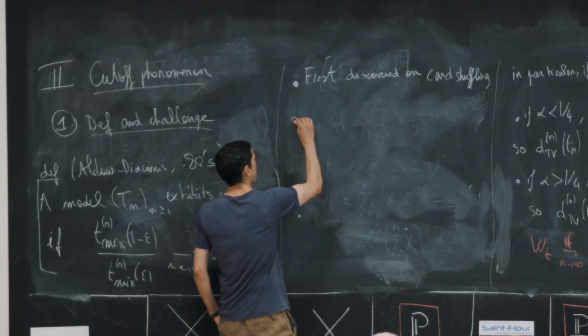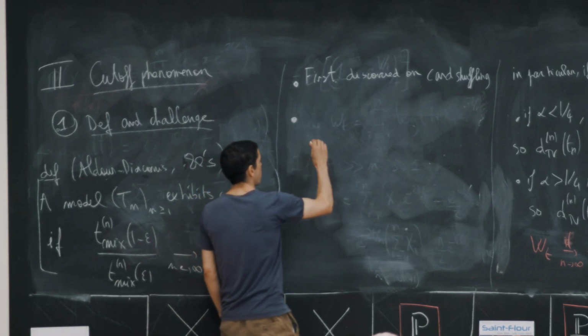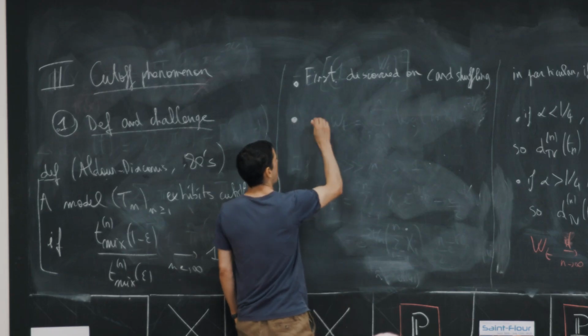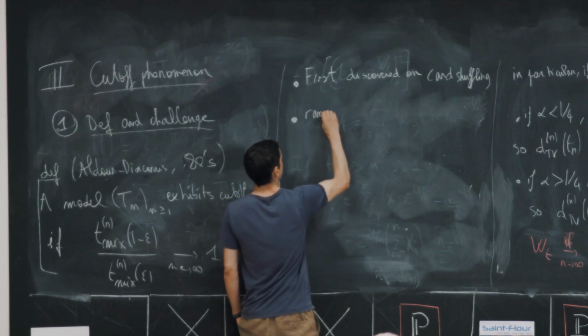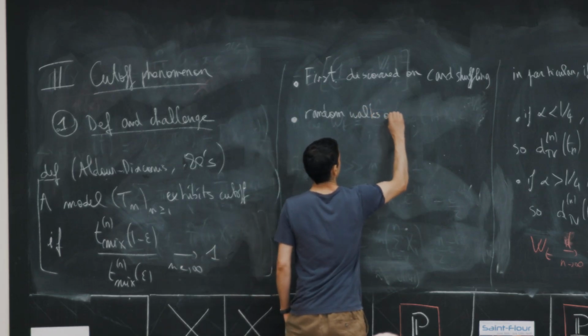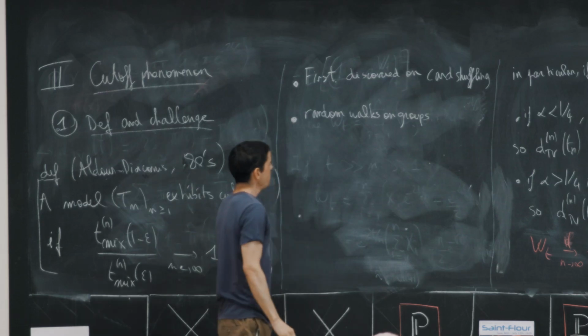But after that, cutoff was observed in many other contexts, right? So one of them where you see a lot of examples of cutoff is random walks on groups. Okay, so maybe I should give references.